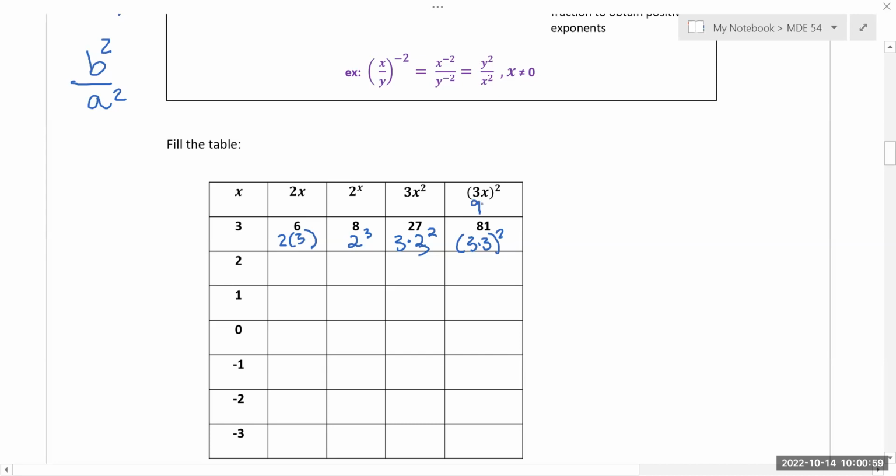This one is really 9 times x squared, because the 2 also goes to that, where this one is not. So this one would be 4, 2 times 2. 2 squared is also 4. 3 times 2 squared is 3 times 4, which is 12. And this one would be 9 times 2 squared, which is 36.